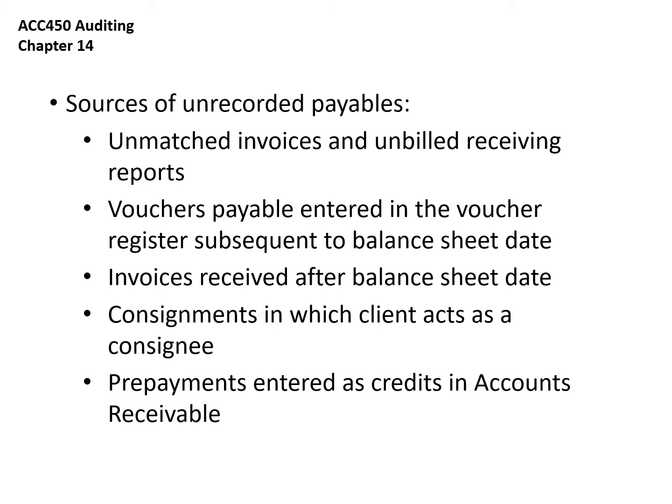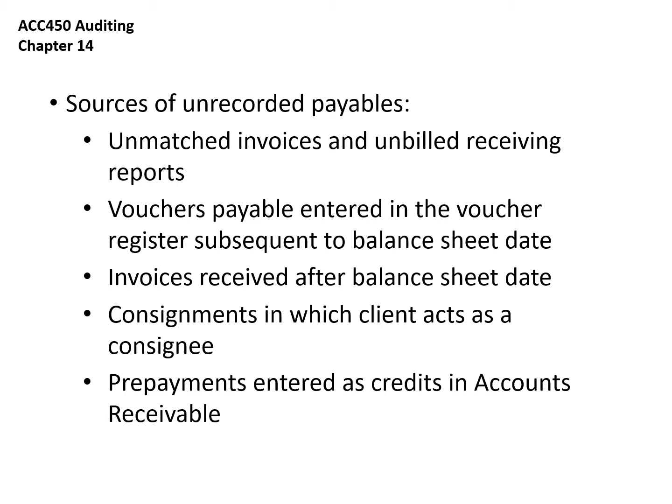I would look at vouchers that are entered in the voucher register subsequent, so after the balance sheet date. So look at some entries that were made, say on a calendar year end in early January, to see if those are transactions that indeed should have been entered in the previous year. Along with invoices received after the balance sheet date, oftentimes an invoice from a vendor might come in the mail in early January.